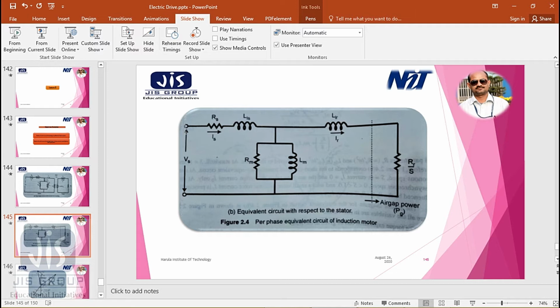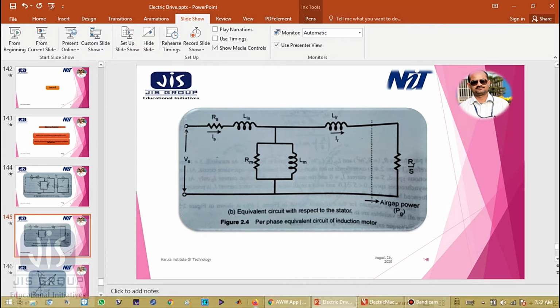Now at standstill condition, that is at S equals 1, this figure is similar to a short circuited transformer equivalent circuit. And if the rotor achieves synchronous speed, then what will happen? We know at synchronous speed S equals 0.